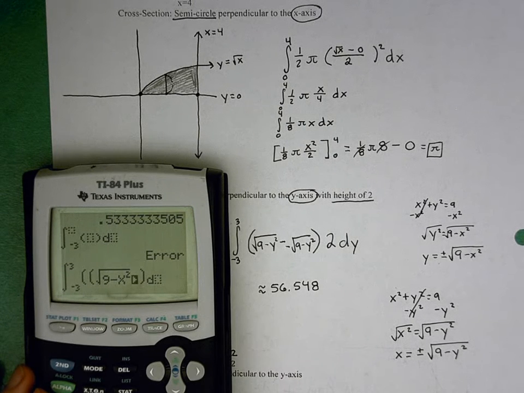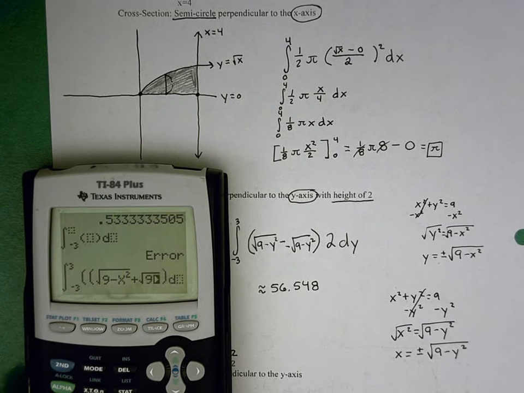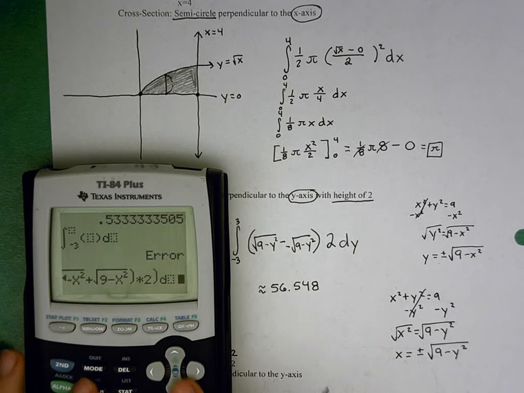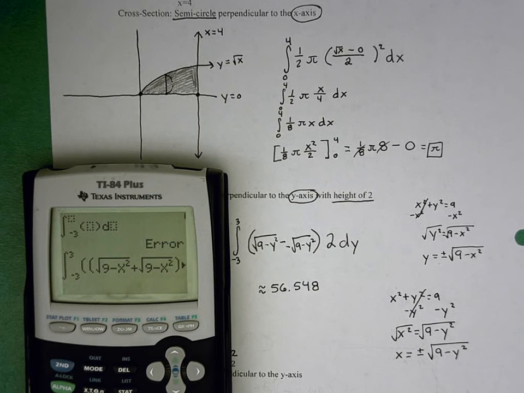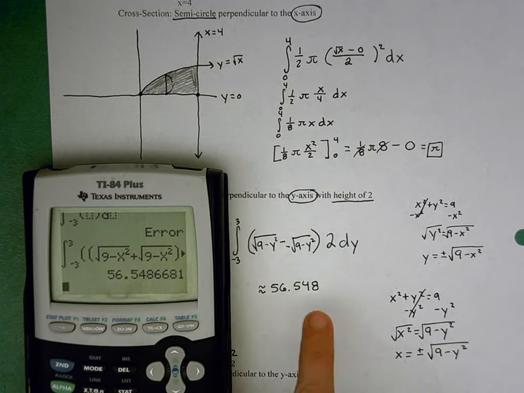And again, minus a negative is a plus, root 9 minus y squared, times 2, and then dy. Once it finishes calculating, there we go, 56.548. And so you've confirmed you've done it correctly.